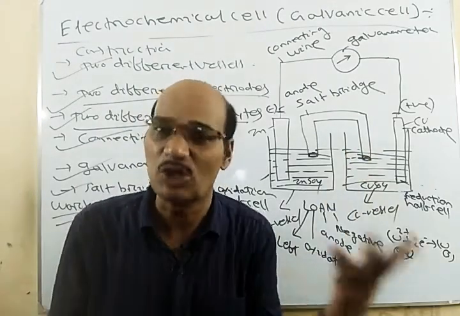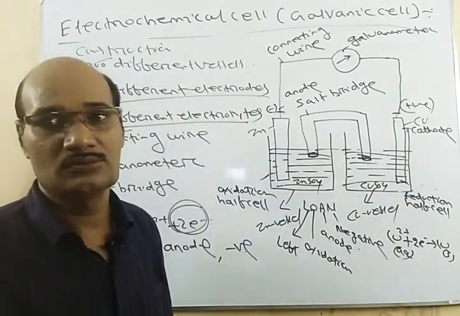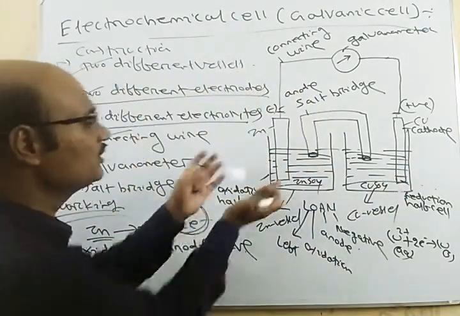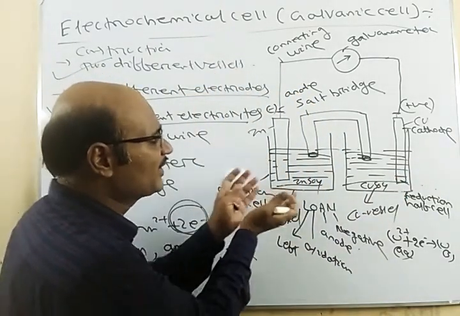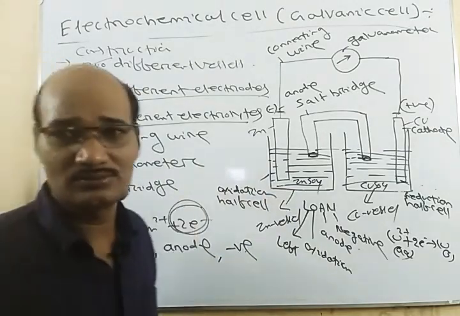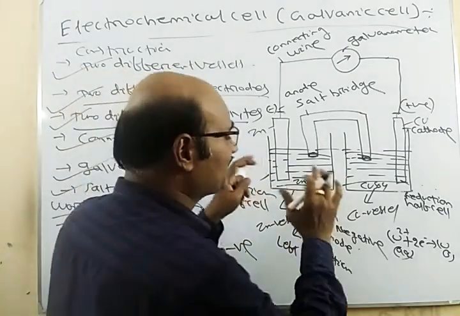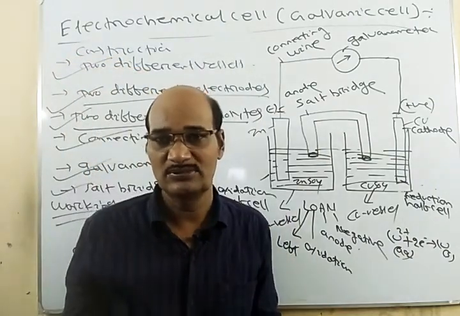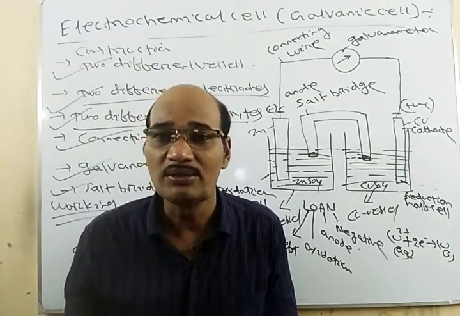The cell will not work because the charges are accumulated. Similarly, Zn2+ ions also accumulate on the other side. When charges accumulate, the flow of electrons will stop, and the electrochemical cell will stop working.